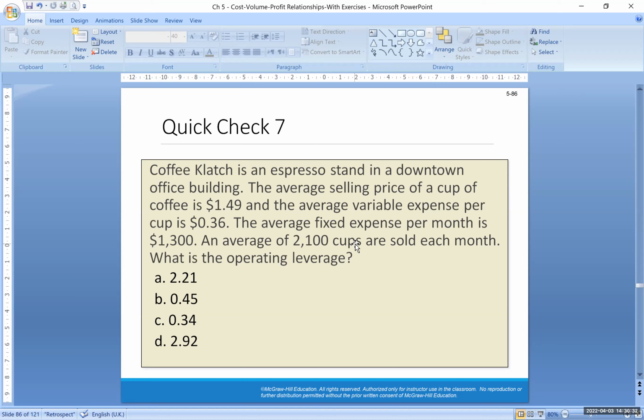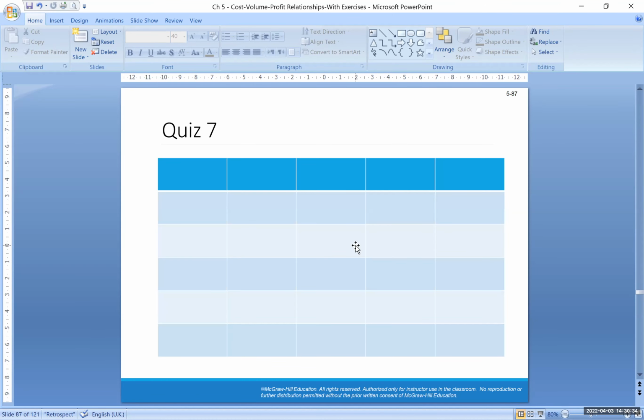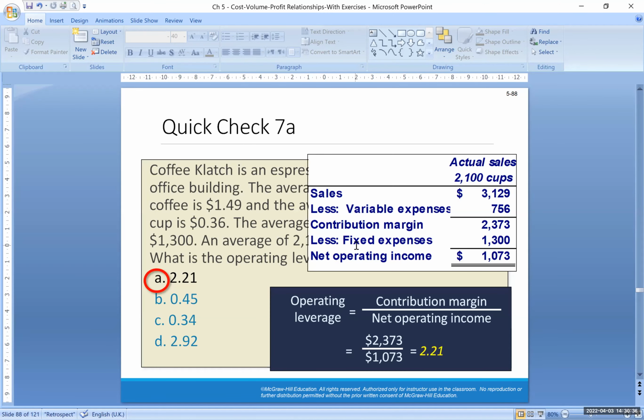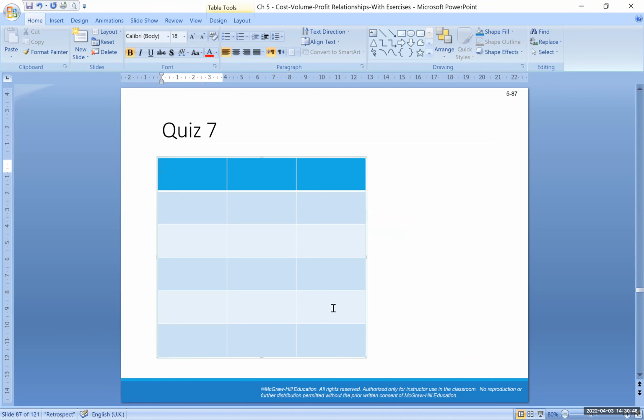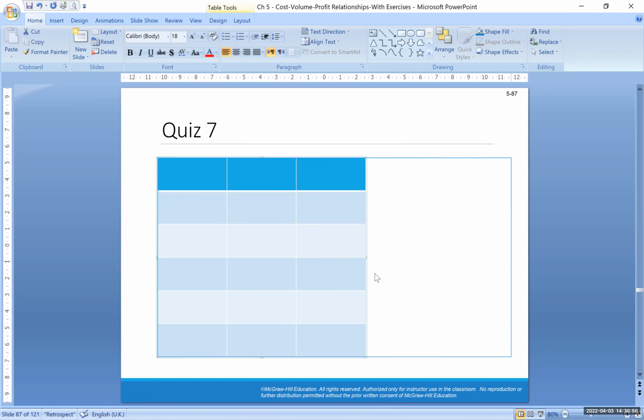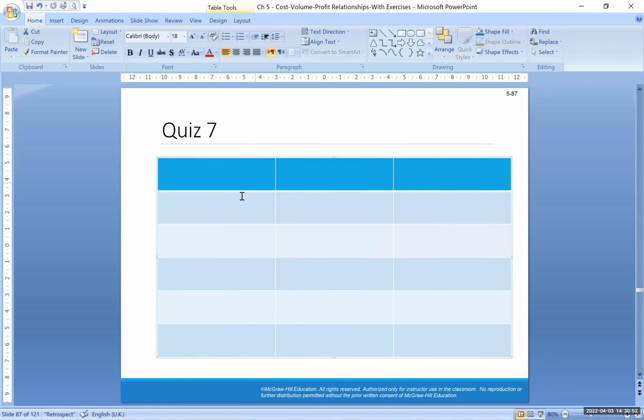Regarding our example or quiz, we do have the numbers per 1 unit: the price, the variable cost, and how many units we sell. So we need to prepare an income statement in order to calculate the operating leverage. Let's start by doing the following.